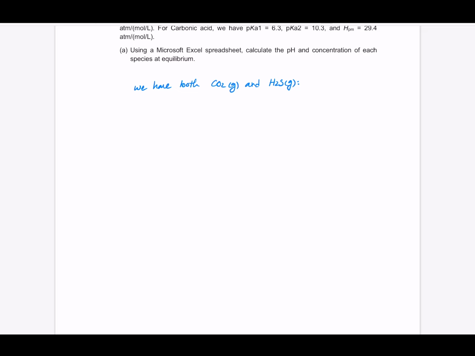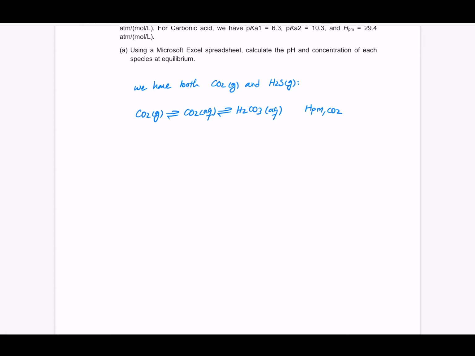First we have the CO2 gas in equilibrium with the solution, so CO2 in the solution. As we talked about in class, we can consider this to be the carbonic acid in the solution. This is governed by the Henry's constant, because we need the concentration and we have the partial pressure, so it's better to go with H_PM of CO2.